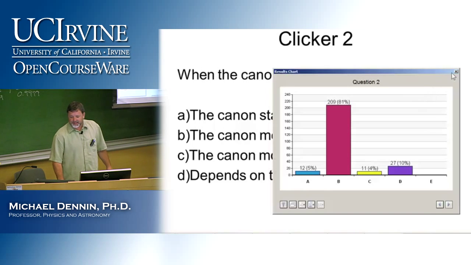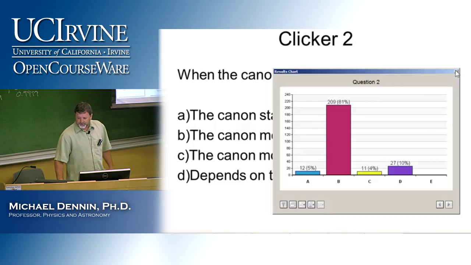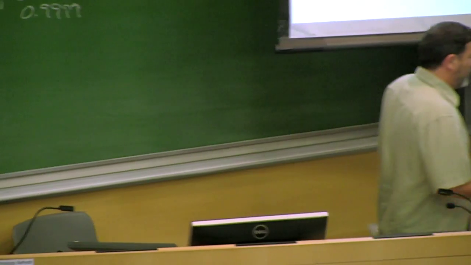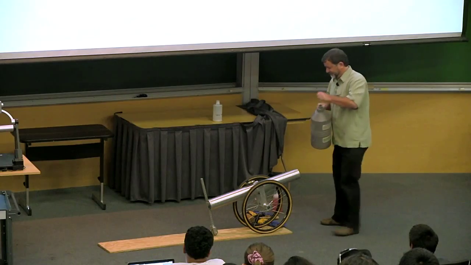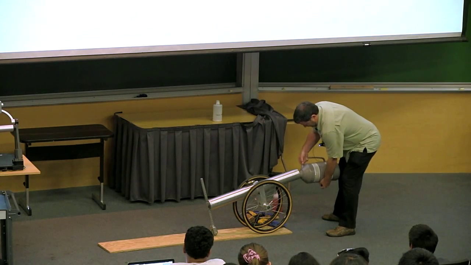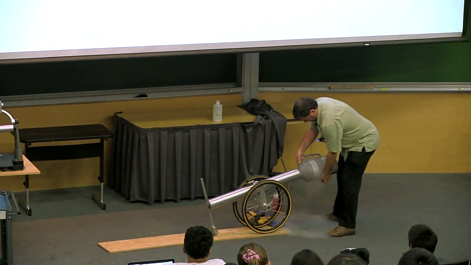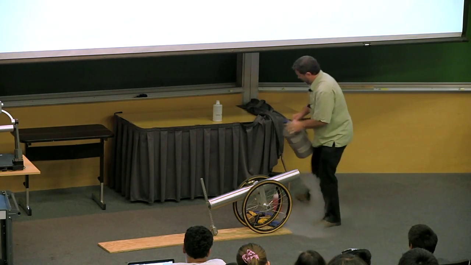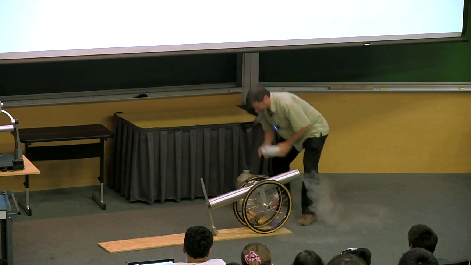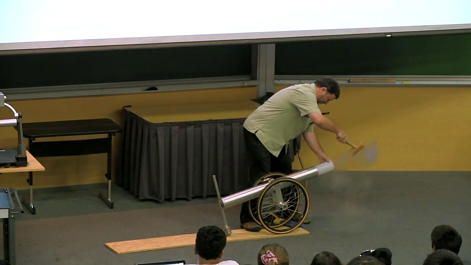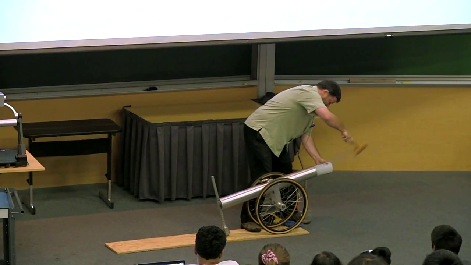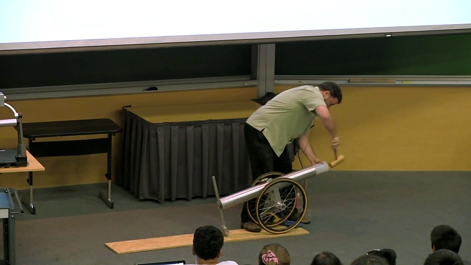Excellent. So the cannon's got to move backwards. This is our basic recoil problem. So just like with any good Civil War era cannon, we load it with liquid nitrogen. Having primed the cannon, we then have to get the cannonball in.